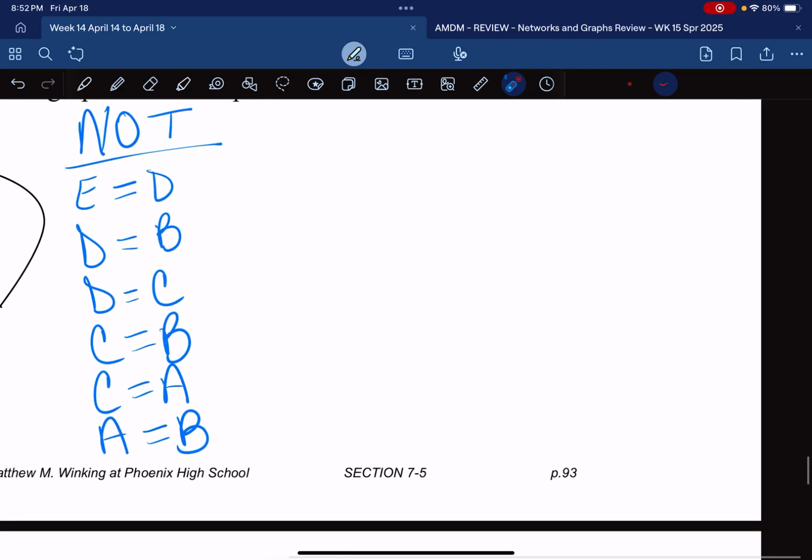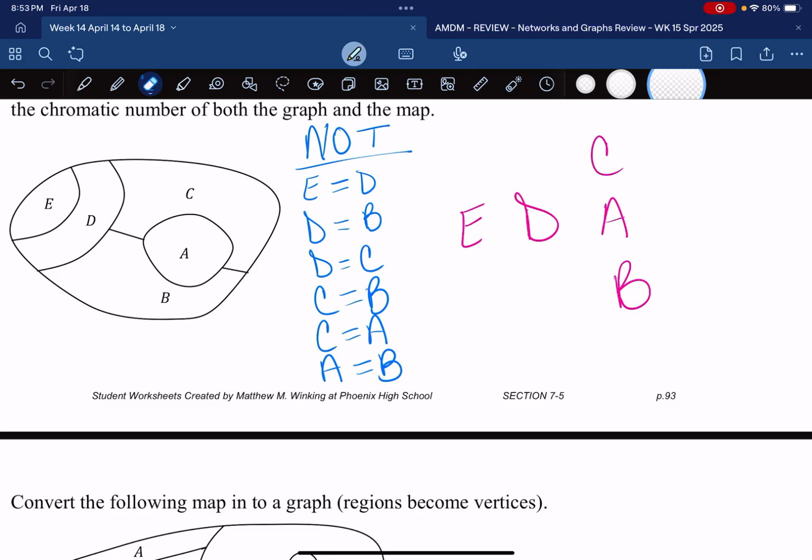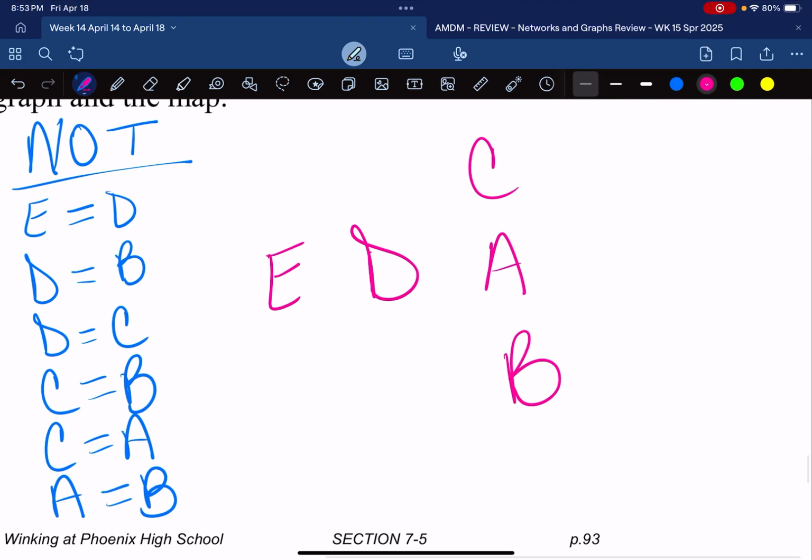Now, when we look here, I'm going to write my letters anywhere I want to. But I like to put them in the order in which the graph is already set up, so it's easier for me to see what connects to what. But now if I look at what cannot go together, those are what I'm going to connect. So E and D cannot be the same color, so I'm going to connect E and D together.